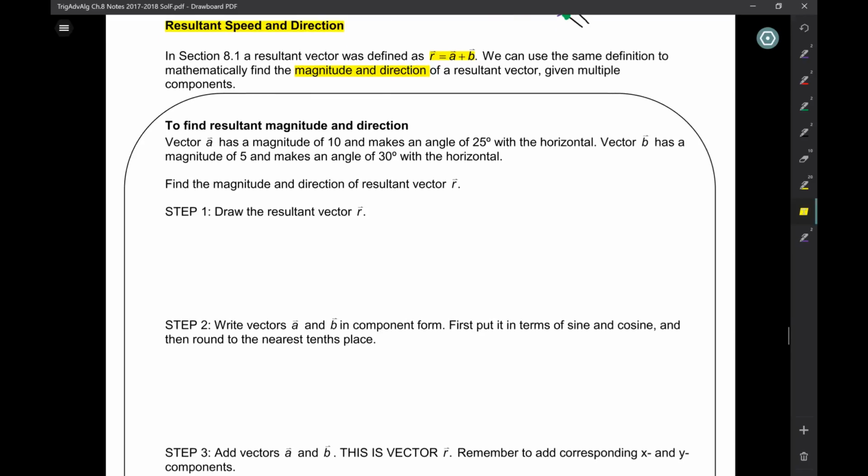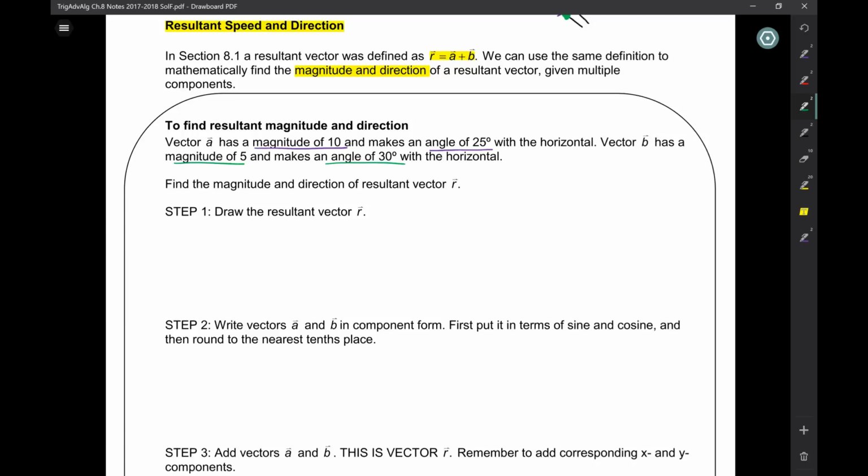So let's do this. Suppose vector A has a magnitude of 10 and makes an angle of 25 with the horizontal. Vector B has a magnitude of 5 and makes an angle of 30 with the horizontal.